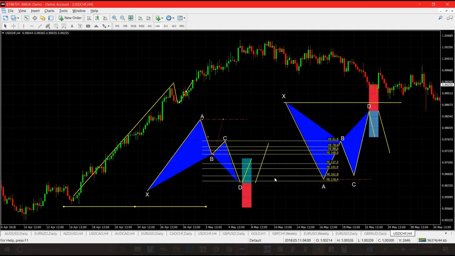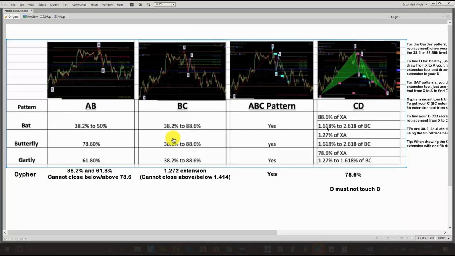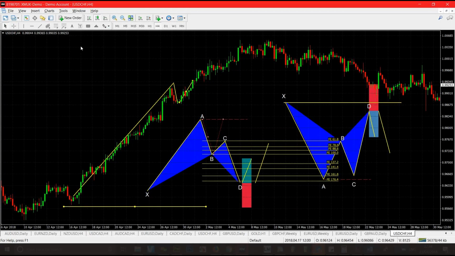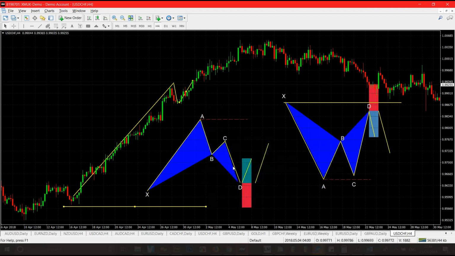Then it should fall within your zone. It says here 161.8 or 261.8. So if you look at the 161, it falls within your D leg. But I'm more comfortable using my retracement tool as opposed to the extension tool for my D leg, so I'm going to take that out of the way and stick to my retracement. I just wanted to give you that extra.